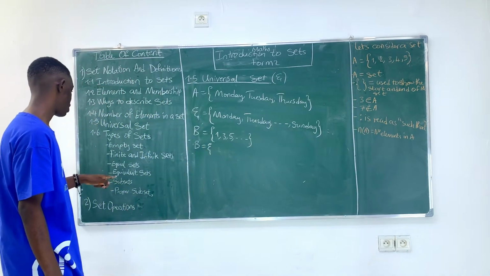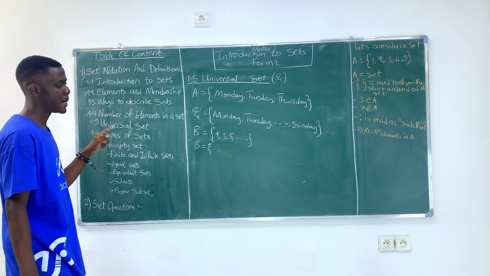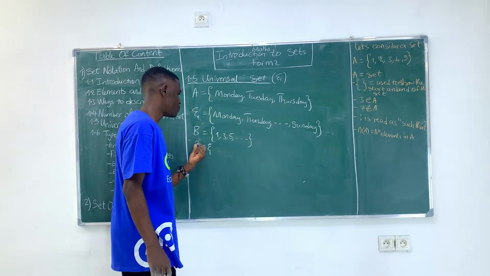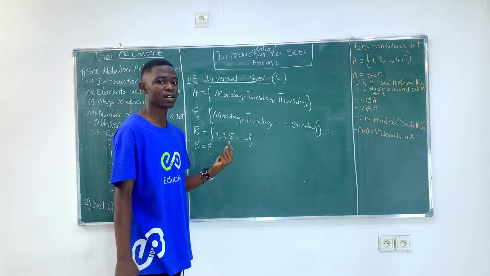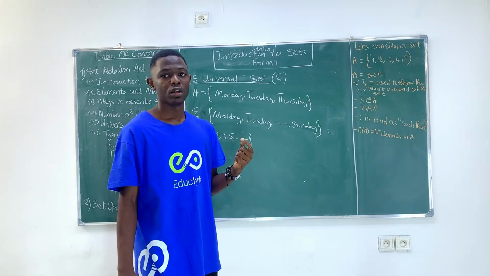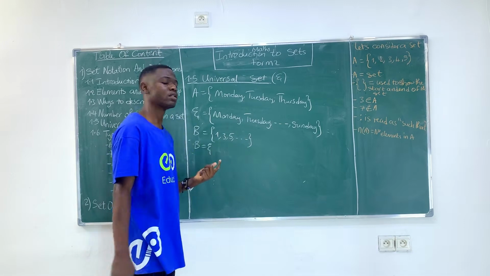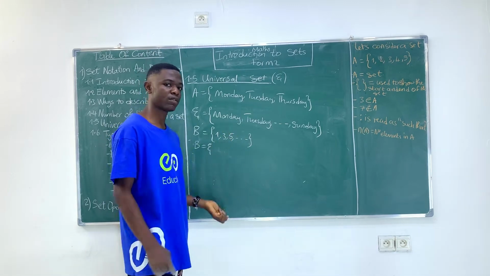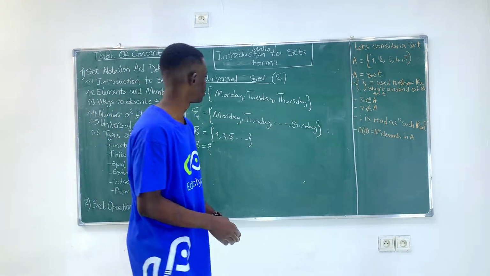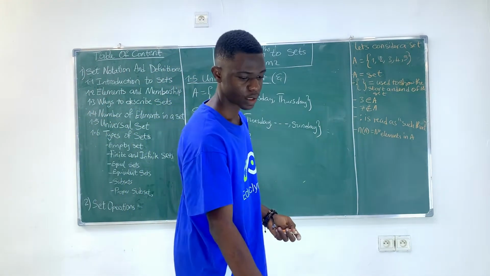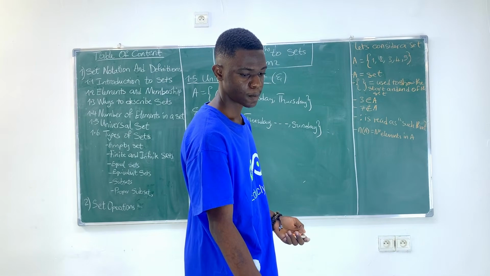We're going to talk about equal sets later. This set B is equal to the universal set, where the universal set here is the set of all odd numbers from 1 to positive infinity. So that's it about universal set.